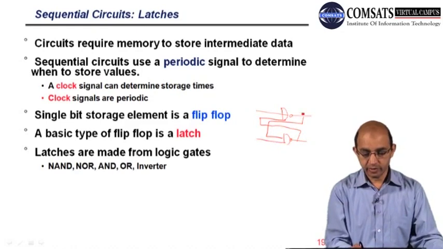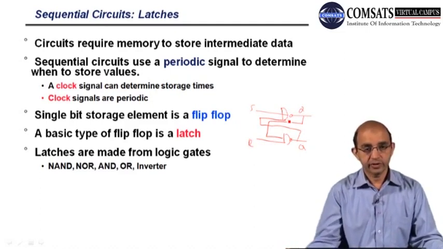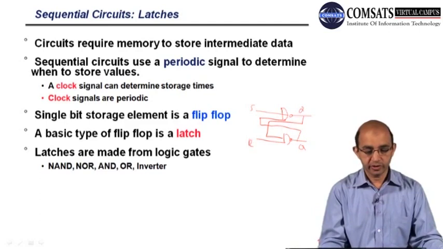This is the input, and this is Q and Q bar, S and R. You can see that these are the same elements which we used when we discussed combinational logic. So sequential components are based on the basic building blocks AND, OR, NOT. The only difference is this feedback.